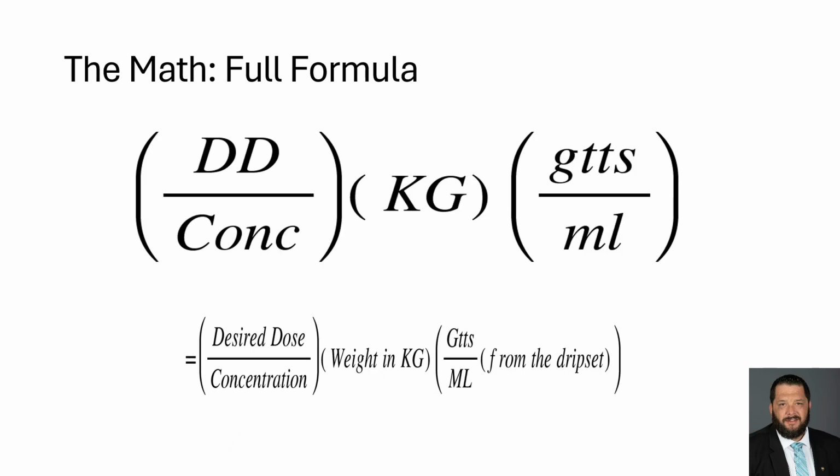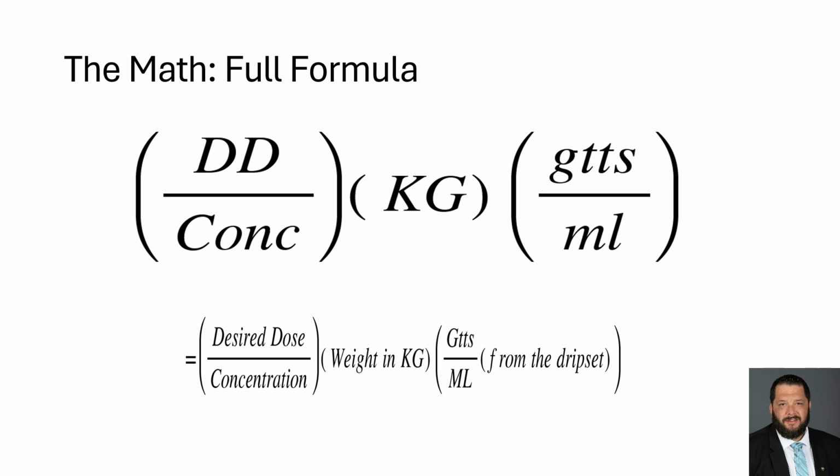All right, let's look at the medication calculation formula. The medication calculation formula in its entirety is this formula here. It's desired dose divided by the concentration of the medication, multiplied by the weight in kilograms, multiplied by the drops per milliliter. This is derived from the drip set, and so we'll talk about when you're going to use this.